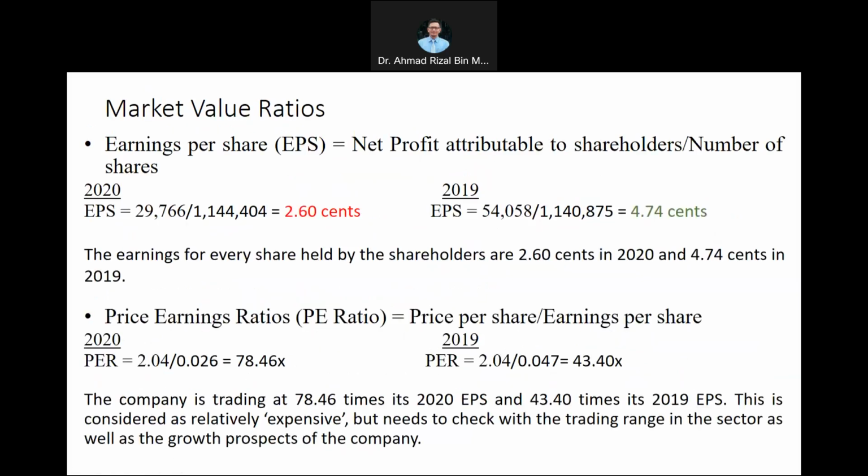The last category would be the market value ratio. Now, this is something that the analysts would be interested in as a starting platform, as the preliminary analysis of the company. And in order for you to do that, your interest would be to calculate the price earnings ratio.